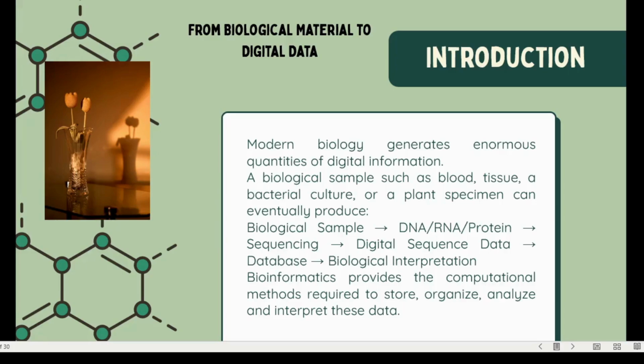You do sequencing, and that gives you digital sequence data. You can upload that data in databases, and do the biological interpretation based on it. Bioinformatics provides the computational methods required to store, organize, analyze, and interpret this data.